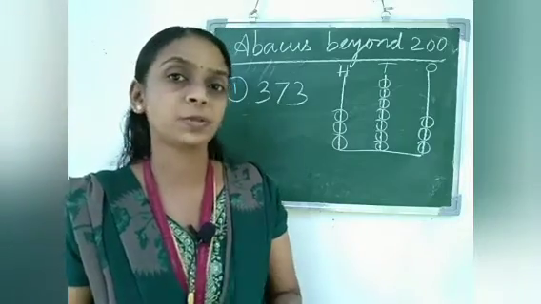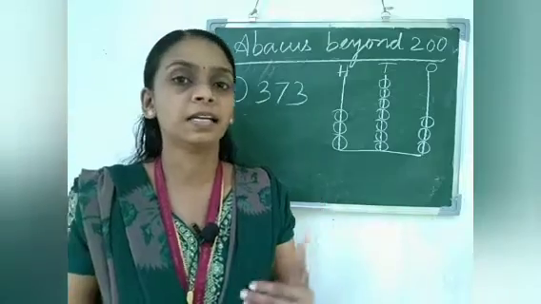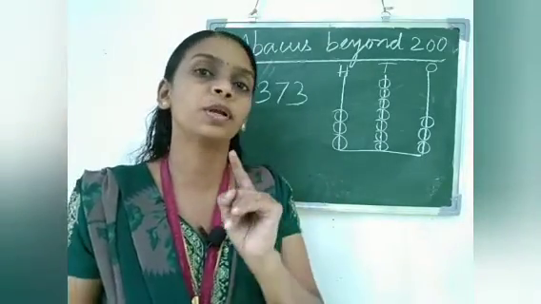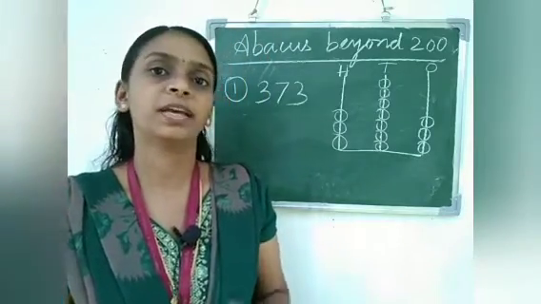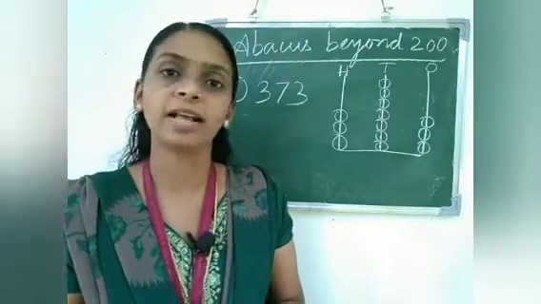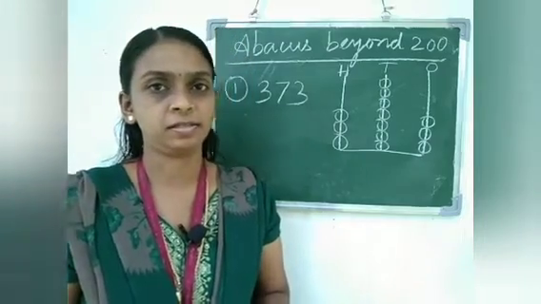It has 3 spikes, and we have to represent hundreds place, tens place, ones place by beads according to their numbers. So here the number is 373. We will look at 2 more examples of how to represent a 3-digit number on an abacus.